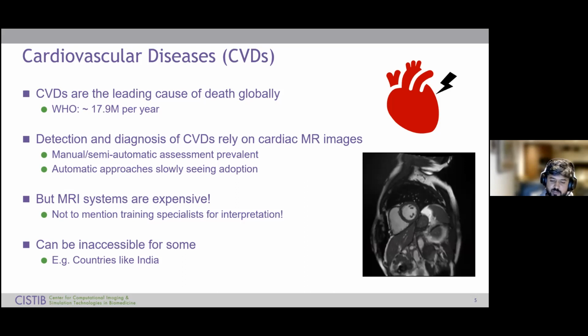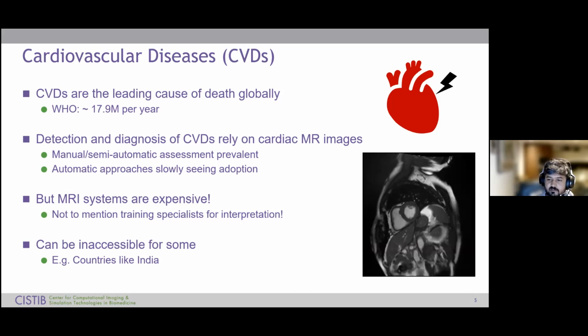But the fact remains that MRI systems are extremely expensive, not just in procuring one, but in their maintenance. And being able to interpret MRI images requires specialized training, which again is a very expensive endeavor.